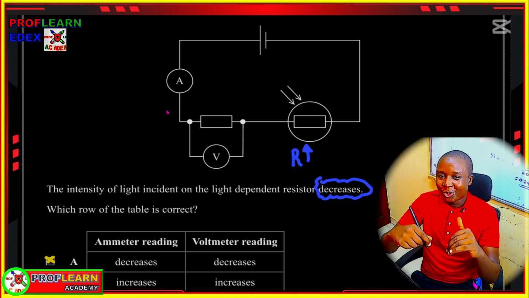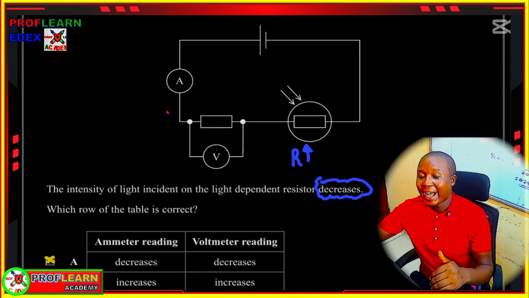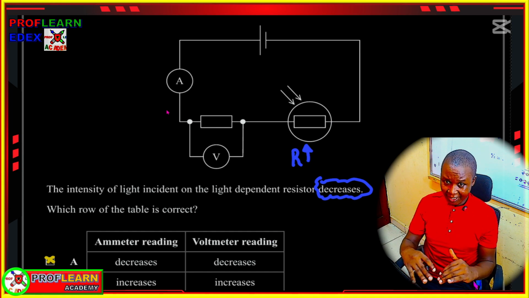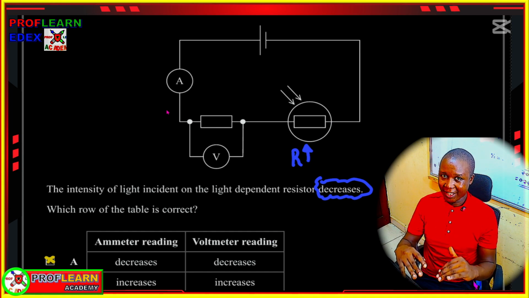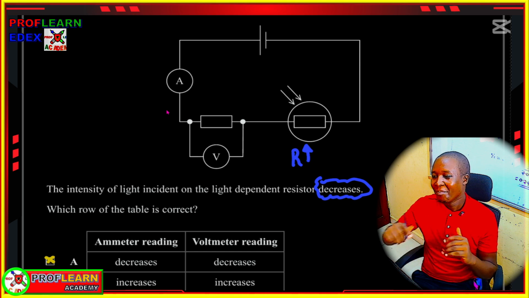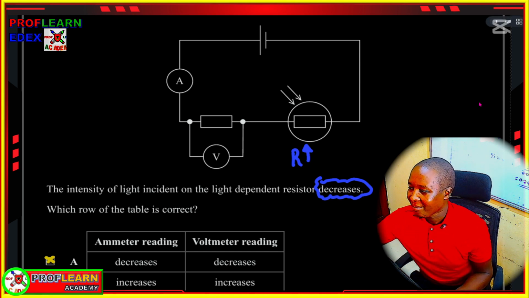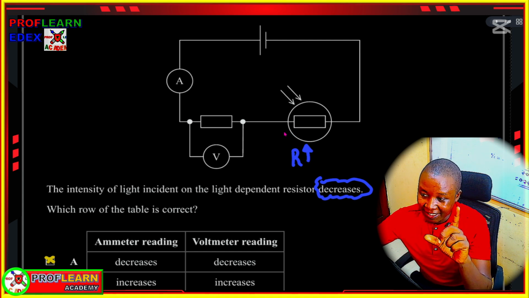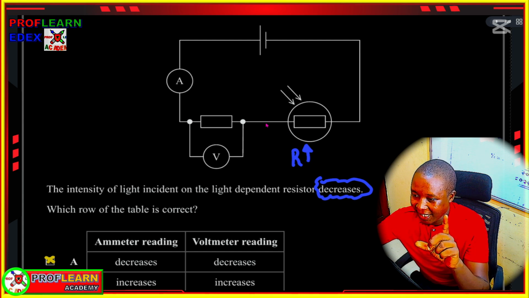So if the total current decreases, the ammeter reading is going to decrease. So the ammeter reading will decrease.